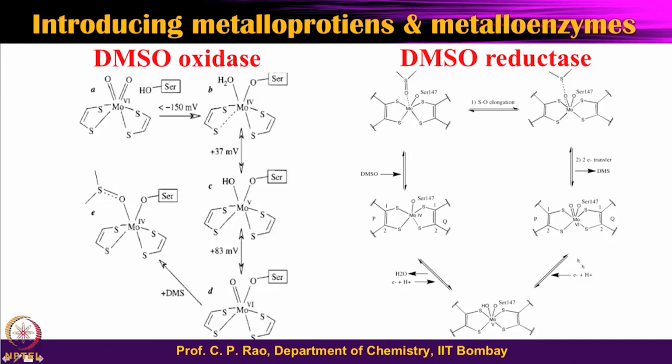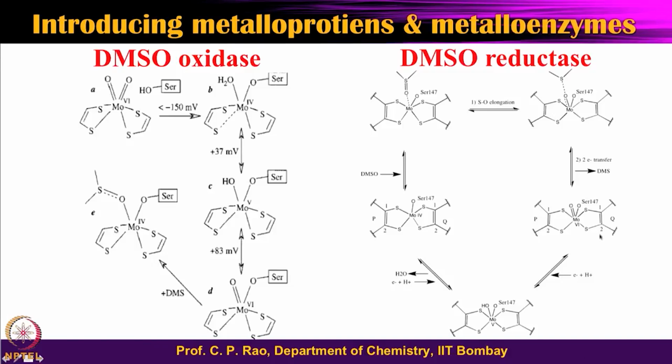Okay. And then it throws out the DMS, and then takes the oxygen, and by taking the oxygen it will go into the 5. So, that further redox process 5 and then 4, get back to the 4th state.